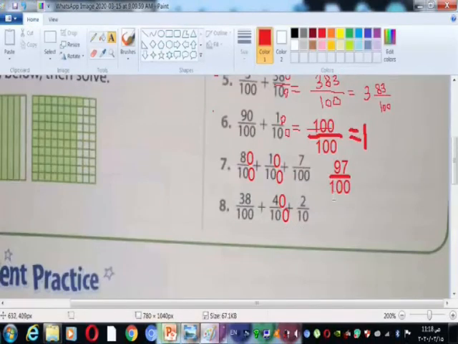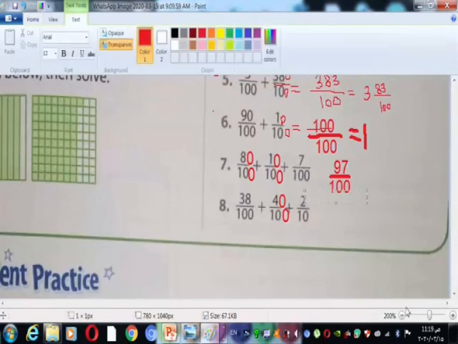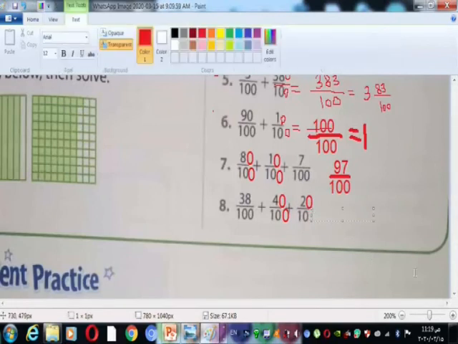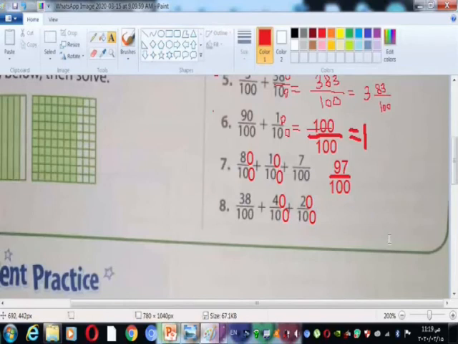It will be 100. And let's go to the next one, the 20. Yes, 2 times 10, it will be 20. And finally, we have the 10 times 10, it will be 100. Now, we use the equivalent fractions to make all of them have similar denominators. So now we can plus them easily.